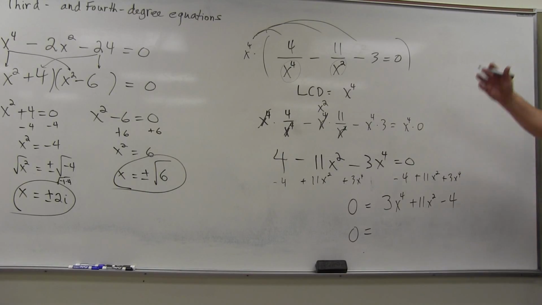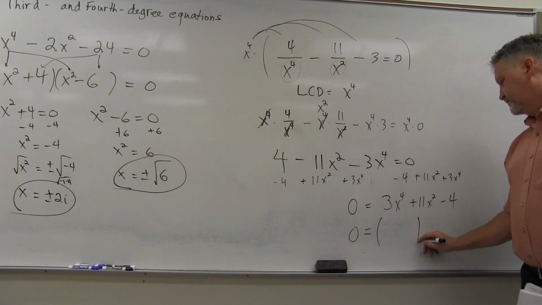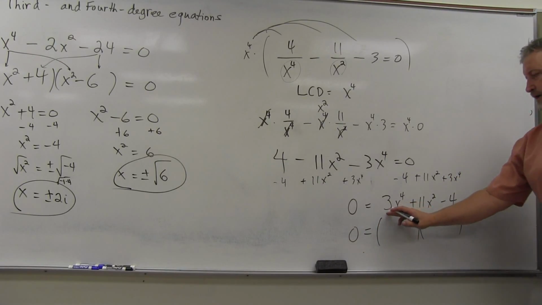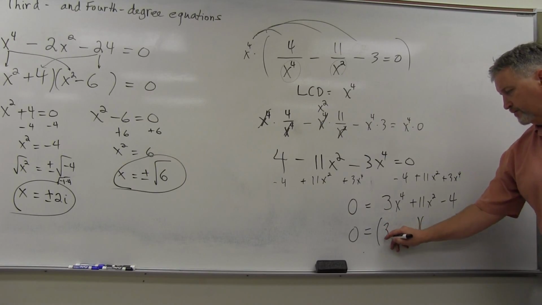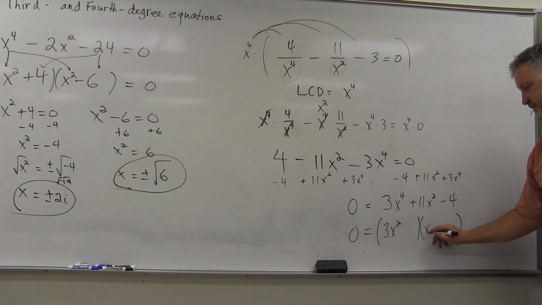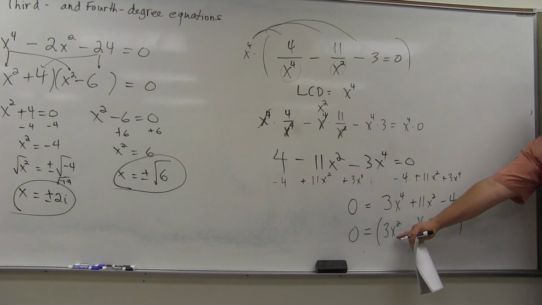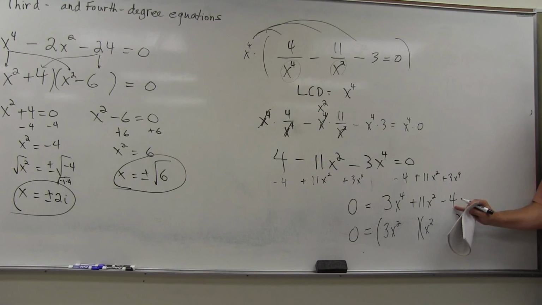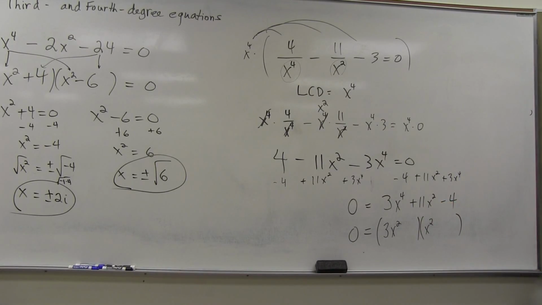So that one's going to set up pretty much like our one on the left side. It's a trinomial, there's no common factor. We've got a 3x to the 4th, so what am I going to put here and here? Probably 3x squared and an x squared. With that being 3x squared, I have to think about what factors go here and here that add up to 11.